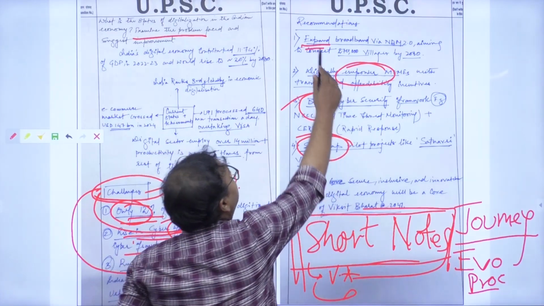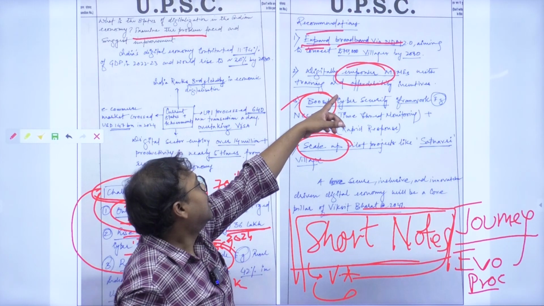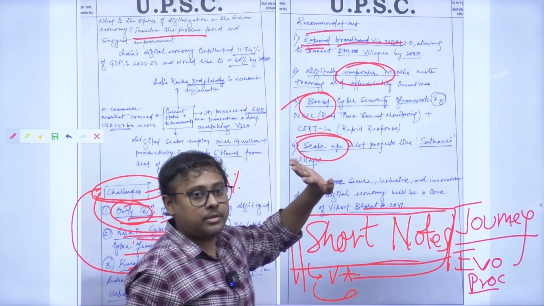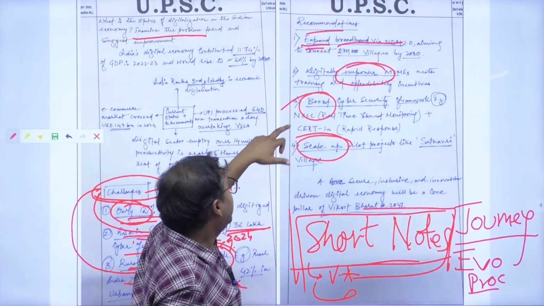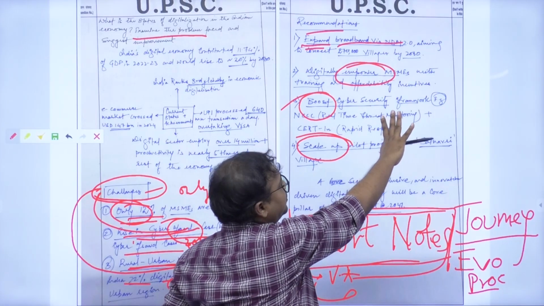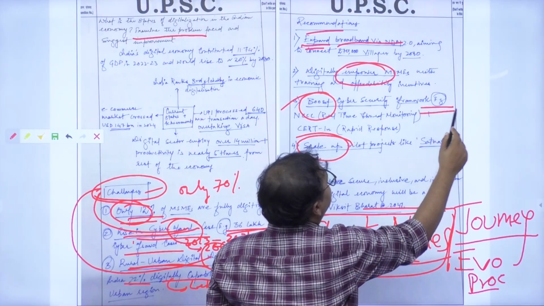So again, recommendations: expand broadband via National Broadband Mission, digitally empower MSMEs, boost cyber security framework. In three to four words, your dimensions are done. And then I'm validating with an example.